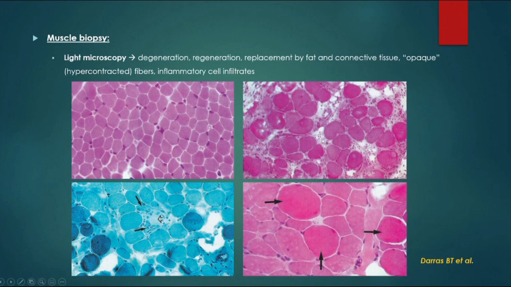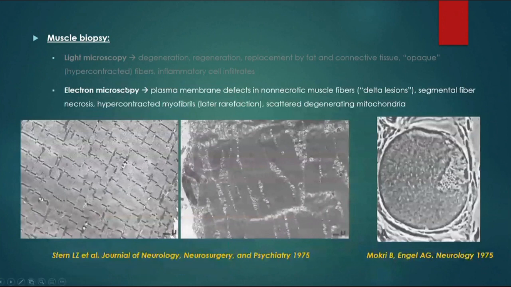So characteristic findings are variation in the muscle fiber size, loss of the characteristic polygonal structures, internalization of the nuclei, degeneration and regeneration, or the replacement with the fatty and fibrotic structures. When we do muscle biopsy, some of the institutes also perform electron microscopy.